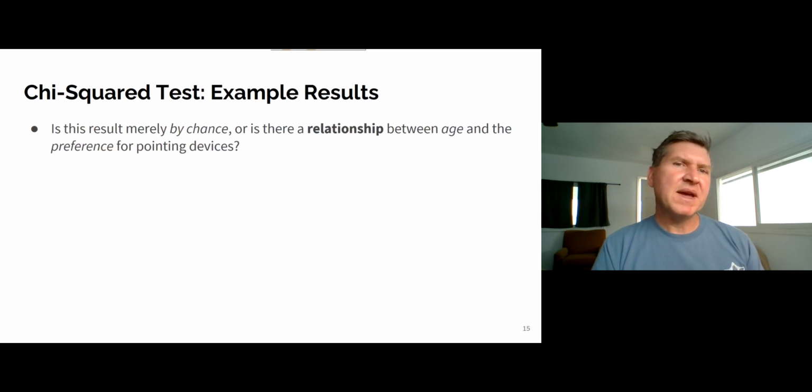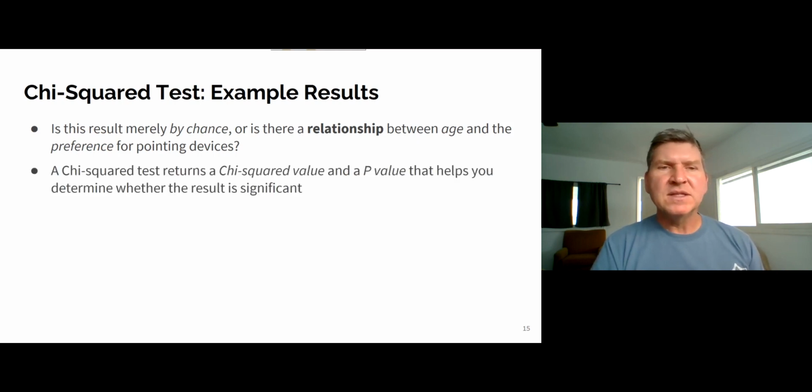So is this by chance, or is there really a relationship between age and the preference for a particular pointing device? So we run a chi-squared test, and this gives a chi-squared value and a p-value. This can help us determine whether the result is significant or not.